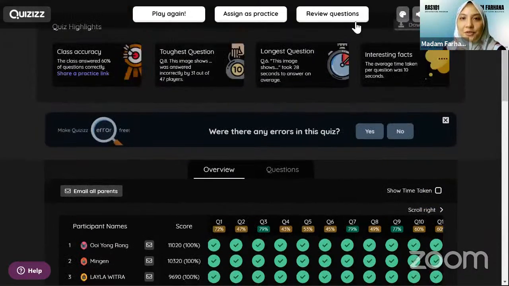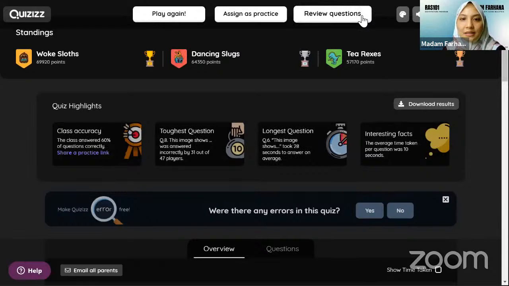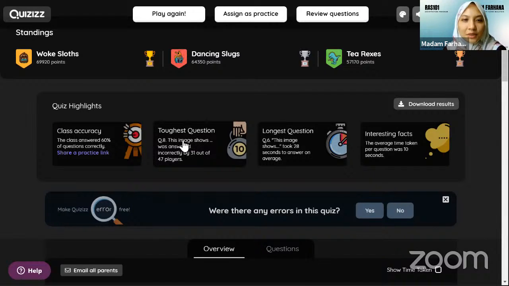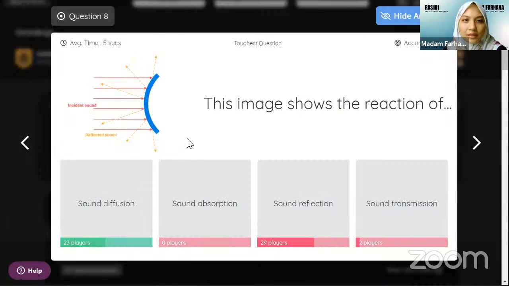So let's review questions. The toughest question is this one. This is reflection. I know this is a bit confusing. For sound diffusion, it's diffused. Technically it is reflected, but because the shape is like this, it gets diffused.